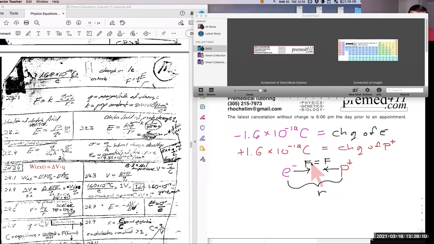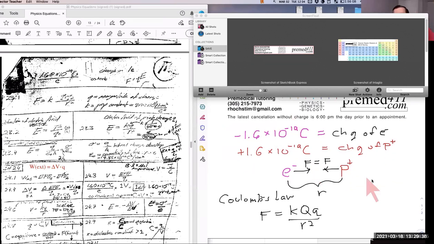But anyway, this is called Coulomb's law, and it looks like this. The force is equal to a constant K times one of the charges, which we'll say Q, and the other charge, little q, over R squared. And that's Coulomb's law.